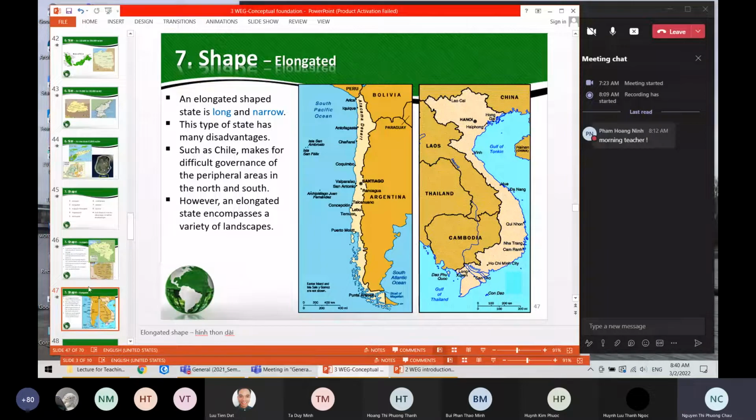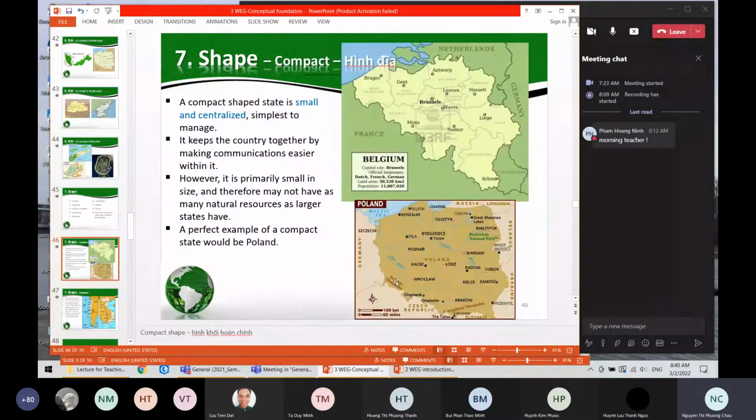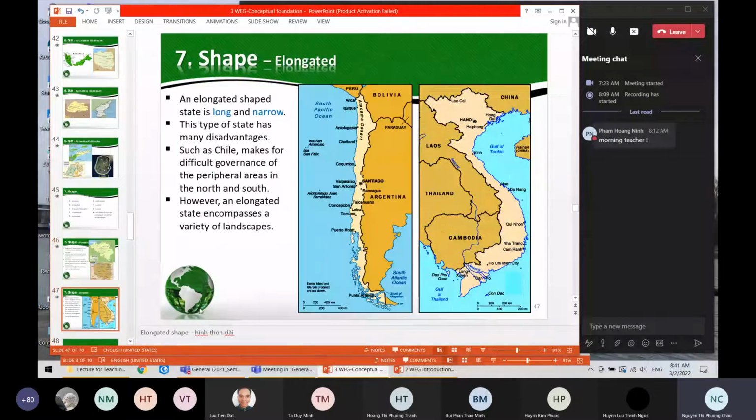Why? First, government is easy to control in the compact, but in elongate, government is difficult to control because of the far distance to the central government. So based on the far distance from the central government, we can see more disadvantages.